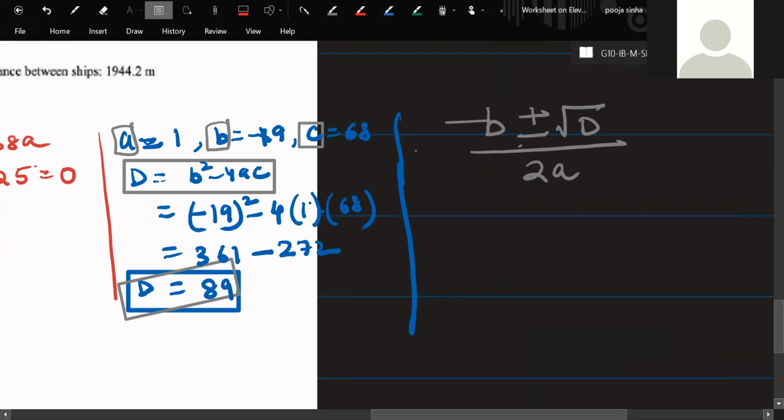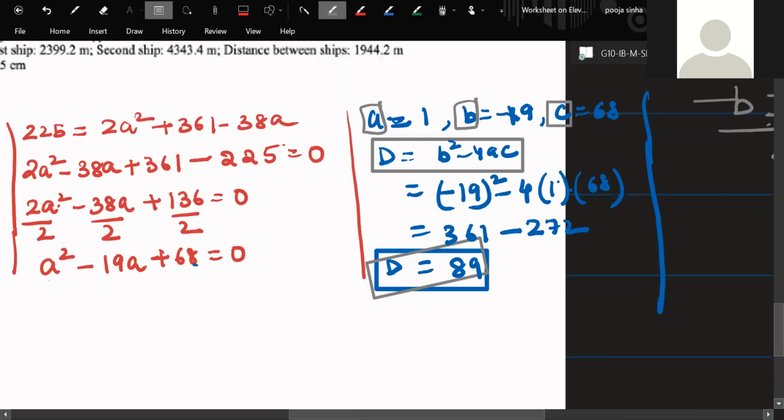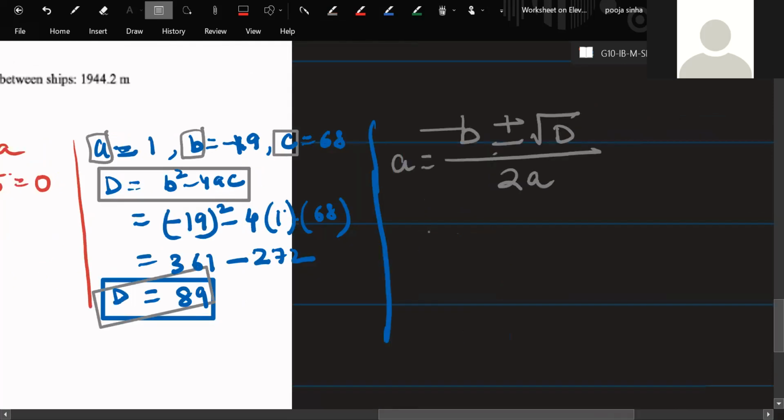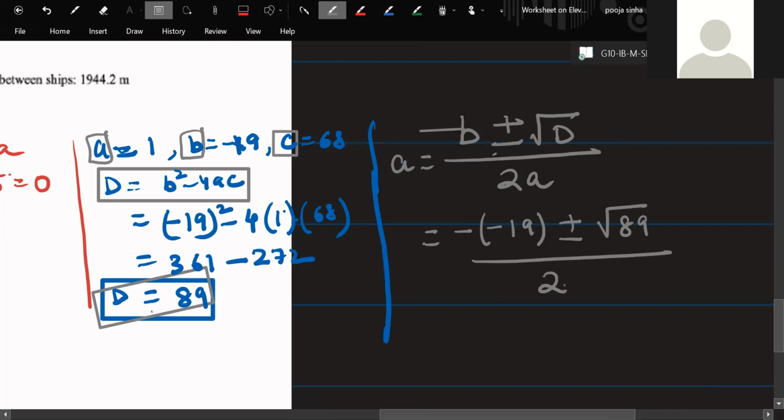And then we find out the values of A. So that A is equal to this formula. Here you're going to do what is B? B was minus 19, so you'll put minus of minus 19 plus minus, D we figured out as 89, so under root of 89, upon 2, and A is how much? 1.